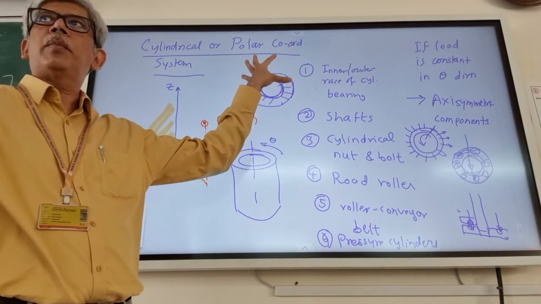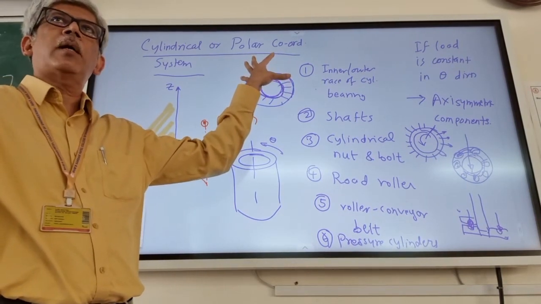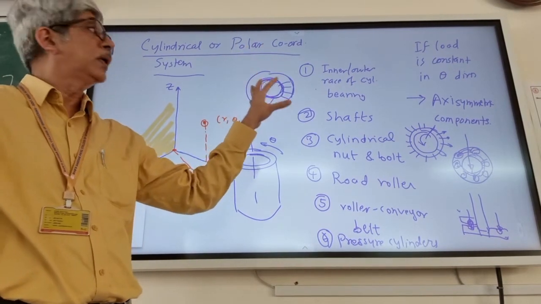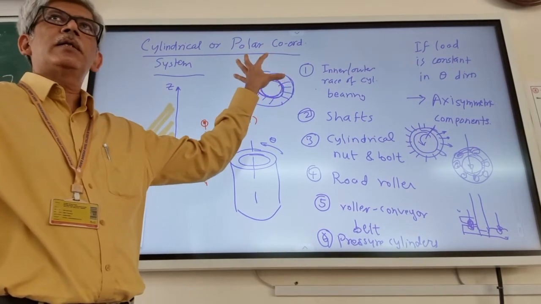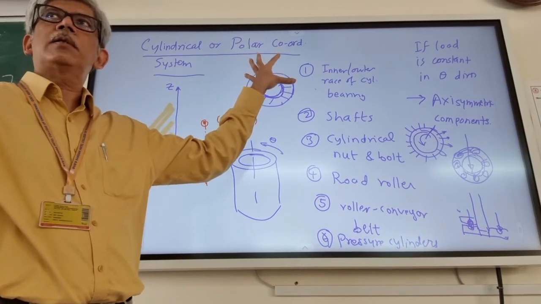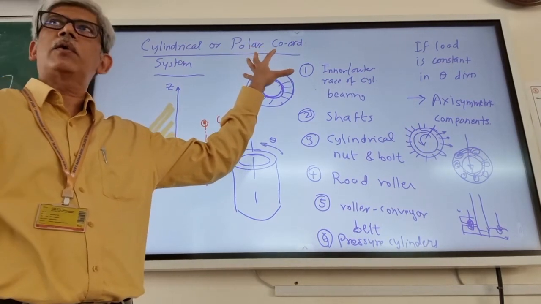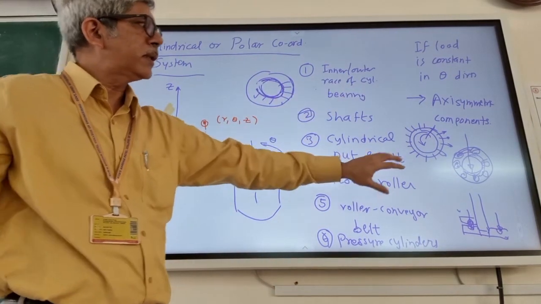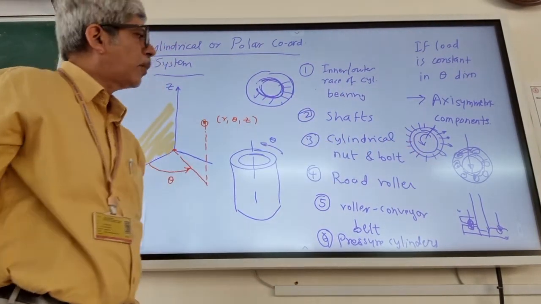So that would be an example of axisymmetric thermal loading. In this course we will not be dealing with that, we will just have an introduction to how to do this analysis, what is known as thermoelastic analysis. We will just have a hint towards how to solve this, but we will not be solving this problem. We will be solving the centrifugal force problem.